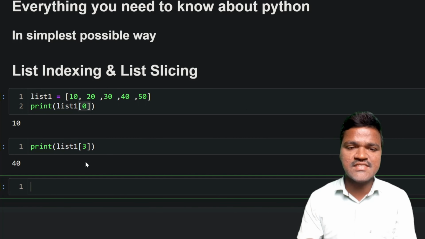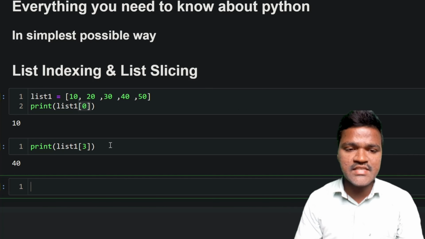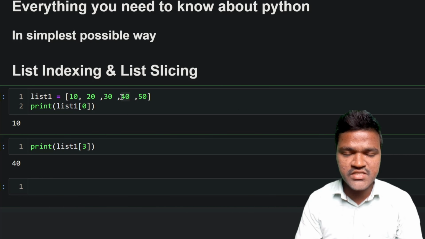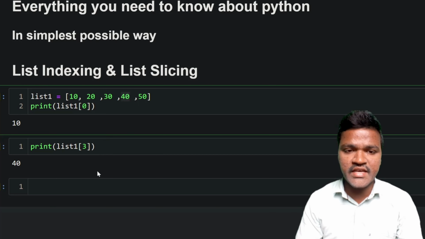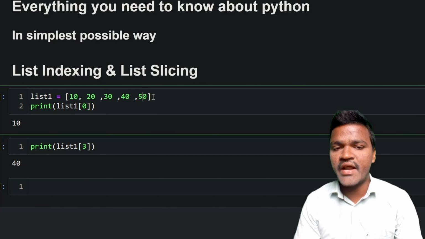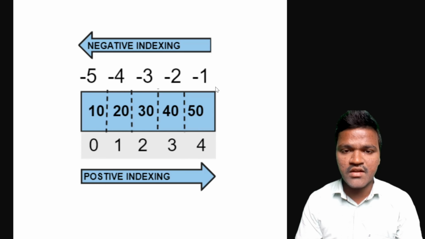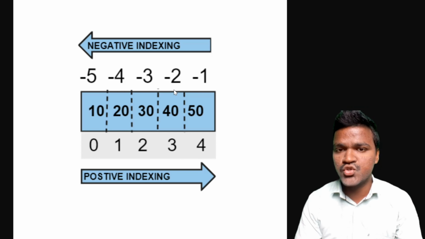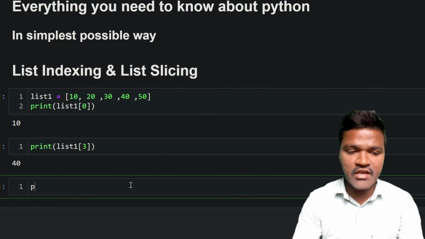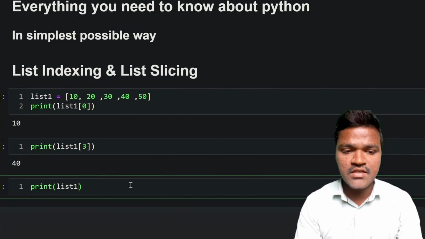Now we will be accessing the elements from right to left, which is negative indexing. Let us see how we can access this same 40 by negative indexing. Negative indexing starts from the right. So this particular 50 is having -1 and this particular 40 is having -2, right? So for that reason, I will mention this particular index as -2 here.